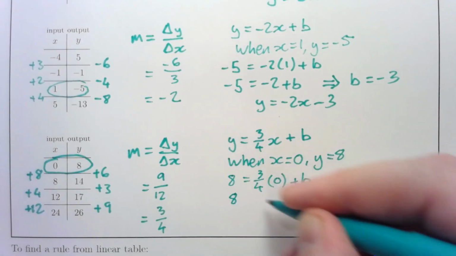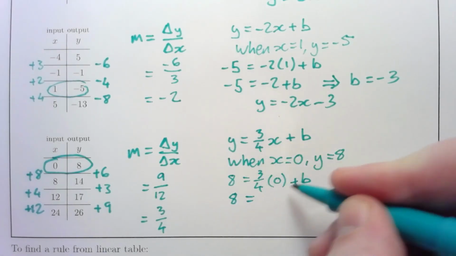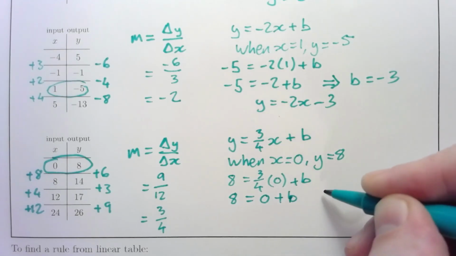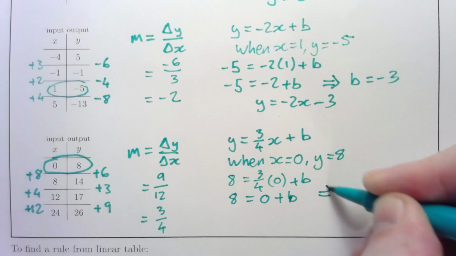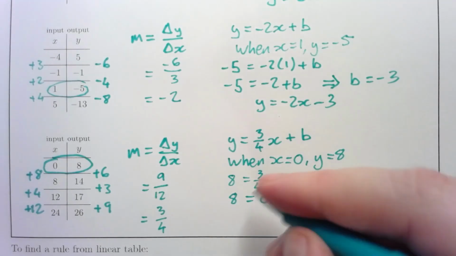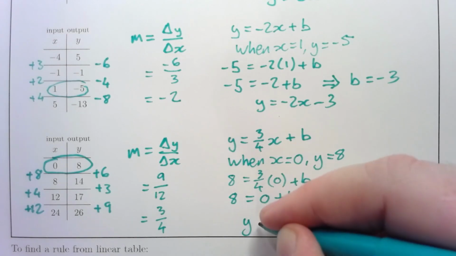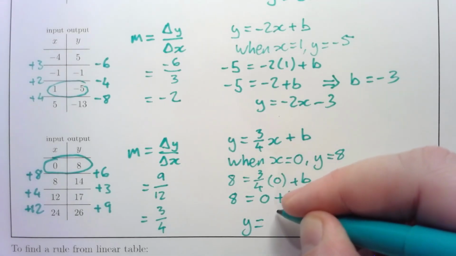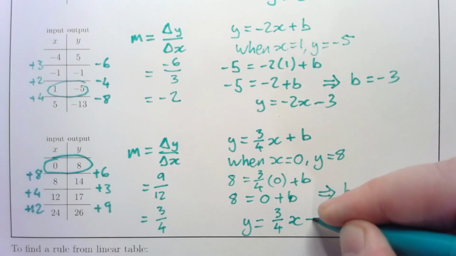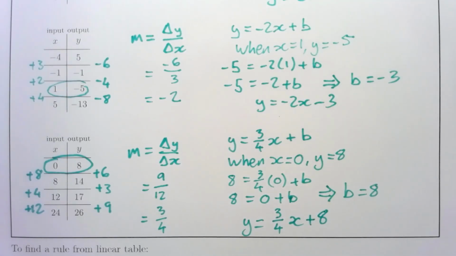Well, 8 is equal to 3/4 times 0, which is 0. So 0 plus b. The only way that works is if b equals 8. So that's all the information we need to figure out our rule. Y equals m, which is 3/4, times x plus b, which equals 8.